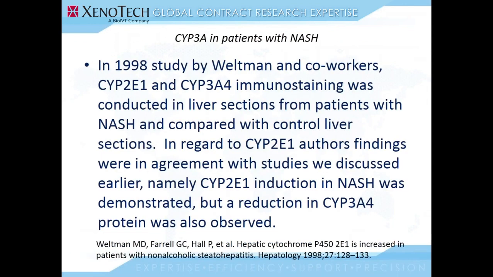There is another study of CYP3A in patients with NASH. This really was a sideline observation because this is a study from 1998 by Weltman and coworkers that was focusing on CYP2E1, but CYP3A4 immunostaining was also conducted in liver sections from patients with NASH and compared with control liver sections.